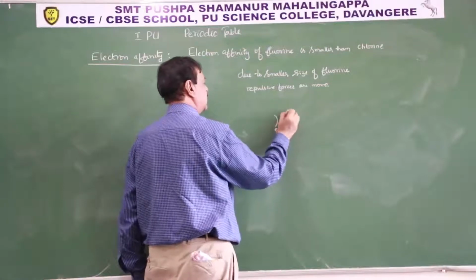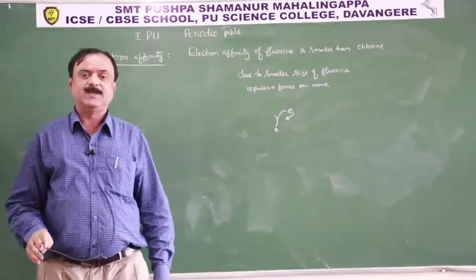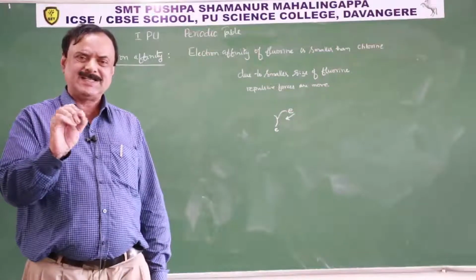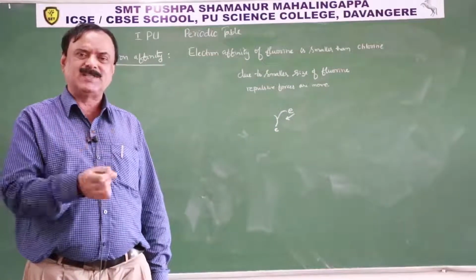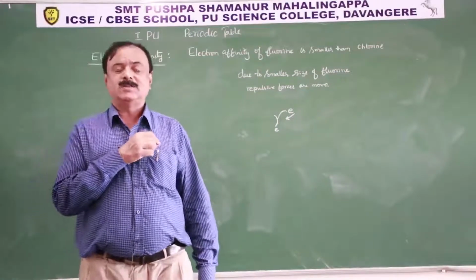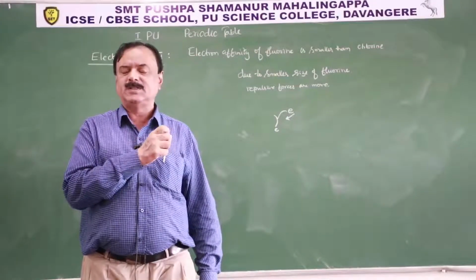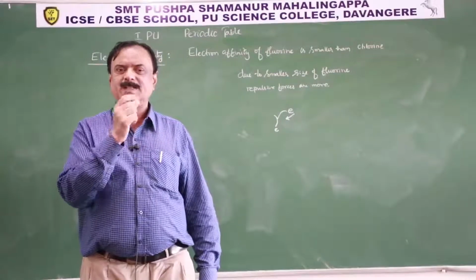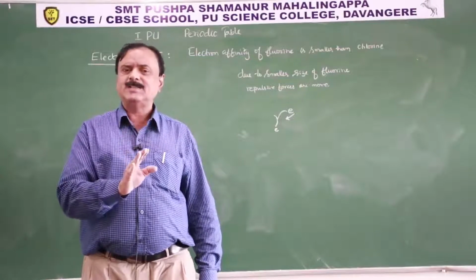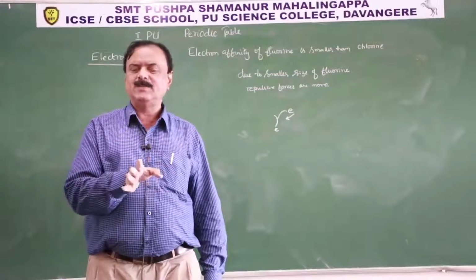Due to the smaller atomic size of fluorine, the added electron exerts a repulsive force towards the outermost electron, because the outermost electron has more affinity towards the nucleus due to the very small distance. Therefore, in this exceptional case, the electron affinity of fluorine is smaller than that of chlorine.